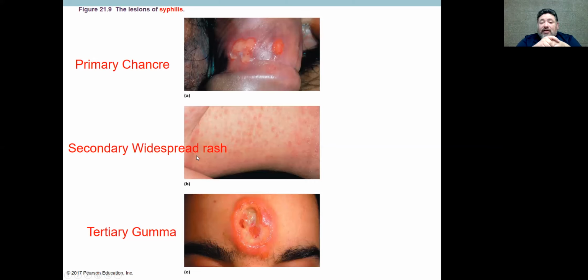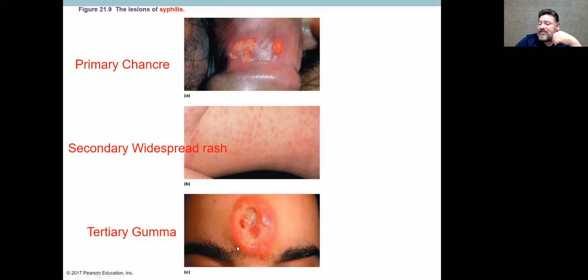So 1/3 canker, 1/3 widespread rash, and then we go into what's called latent. That latent phase could be months, it could be years. Sometimes the latent period has been as many as 30 years. After that latent period, we go into the tertiary, which is the gumma.